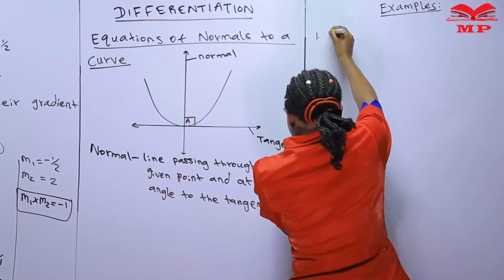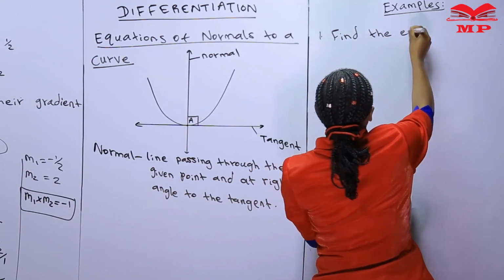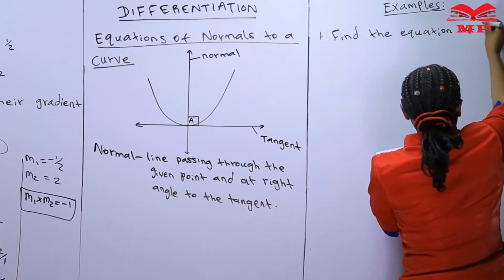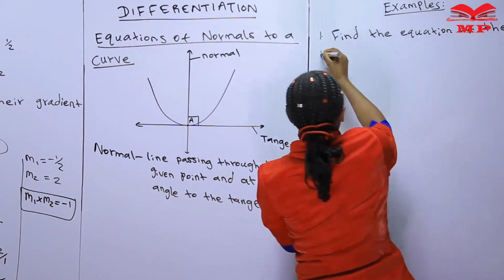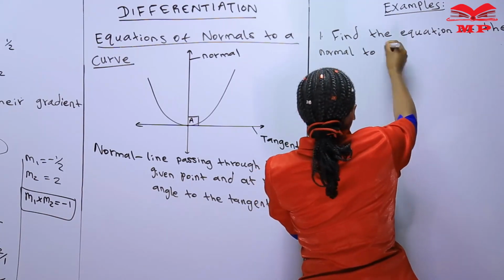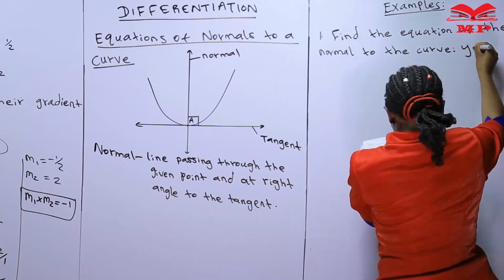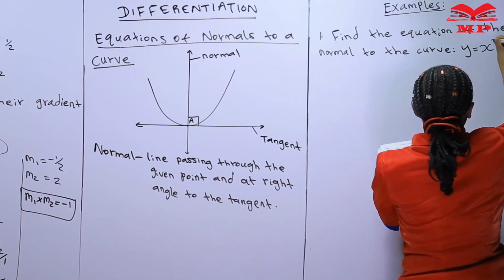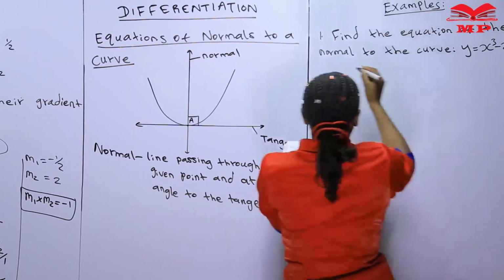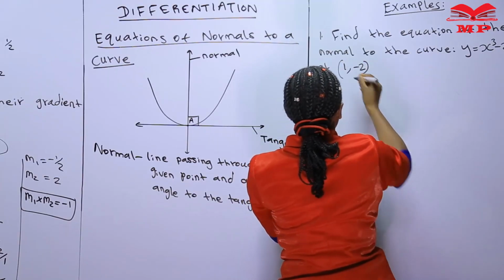So the first one, we are told to find the equation of the normal. In this case, now we have the normal. Find the equation of the normal to the curve y is equal to x cubed minus 2x minus 1 at the point (1, -2).